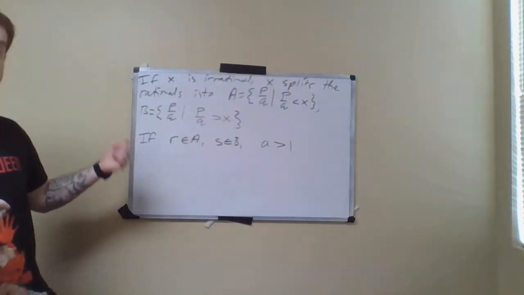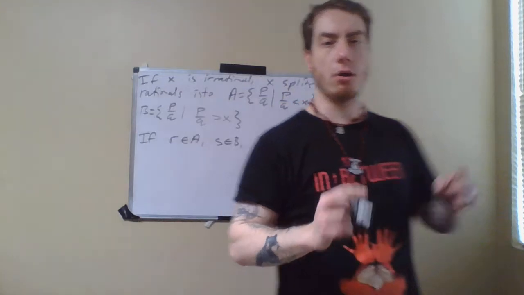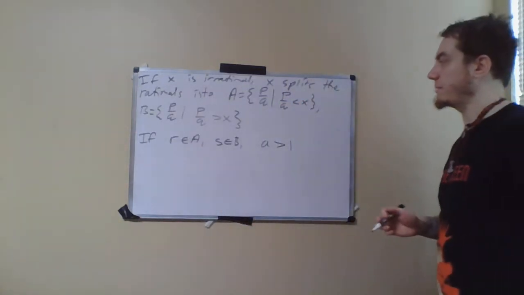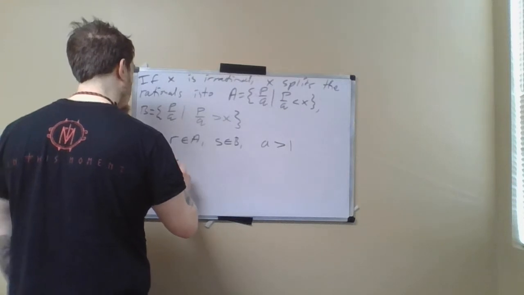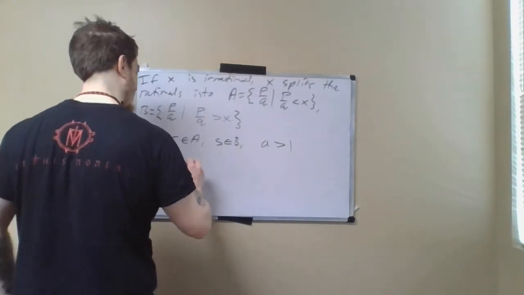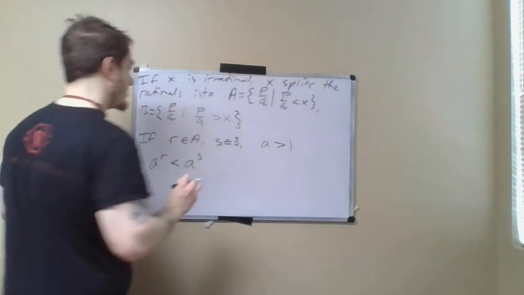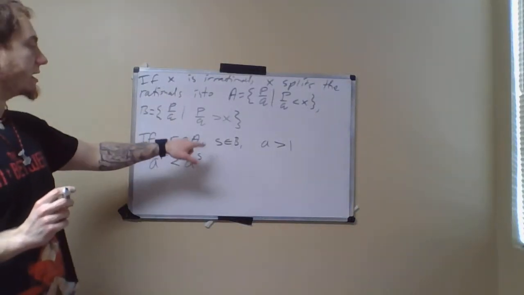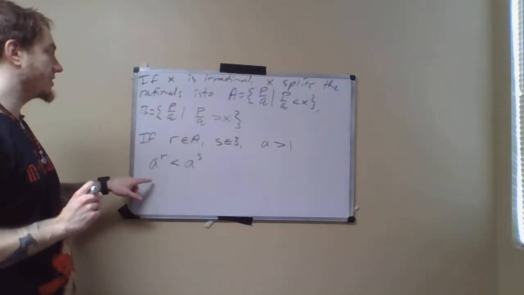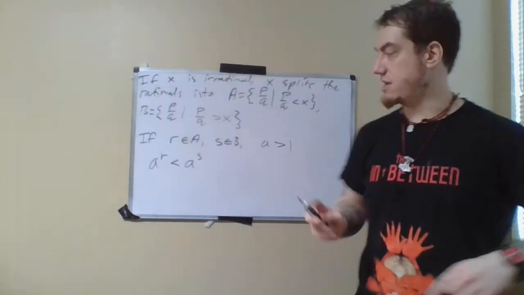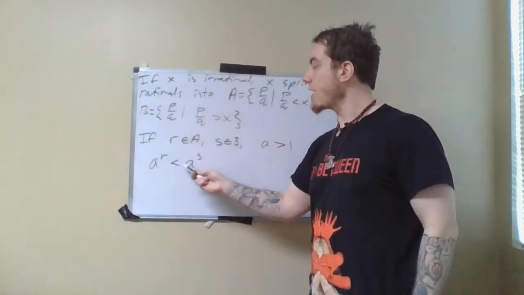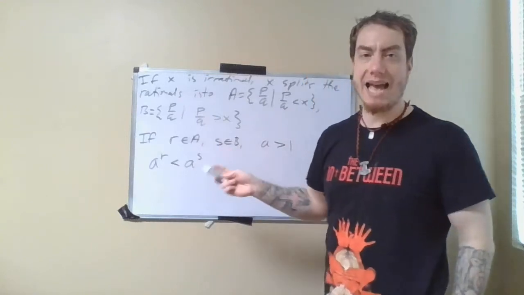If it's less than 1, it's the same kind of idea, but all of the inequalities get flipped around. Then a to the R is always going to be strictly less than a to the S, because in this case, R is smaller than S. So since this exponential function is always increasing, that means a to the R has to be smaller than a to the S.